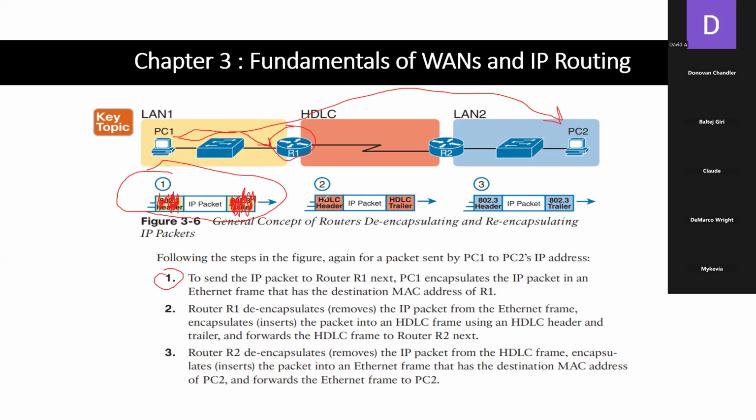Then it encapsulates, boom. It inserts the packet into an HDLC frame using an HDLC header and trailer and forwards the HDLC frame to router 2 next. That packet didn't change, so layer 3 is still fine.